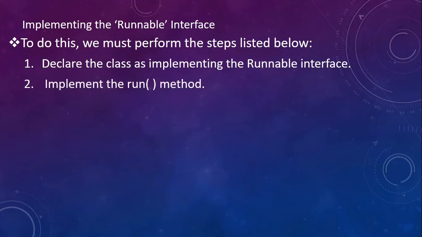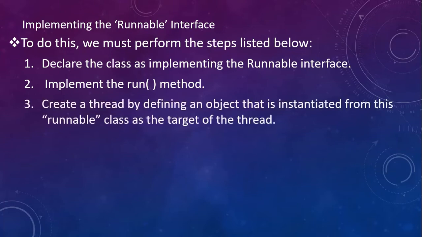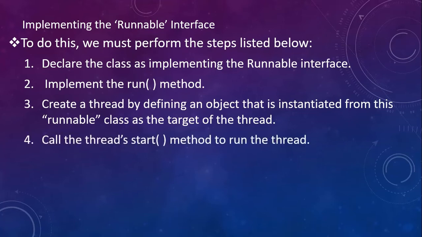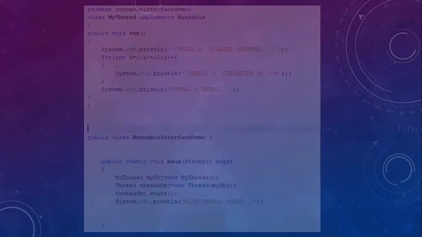Two, this Runnable interface has a run method, so I will have to implement this run method in my class. Three, I will have to create a thread by defining an object that is instantiated from this Runnable class as a target of the thread. Finally, call the thread start method to run the thread.